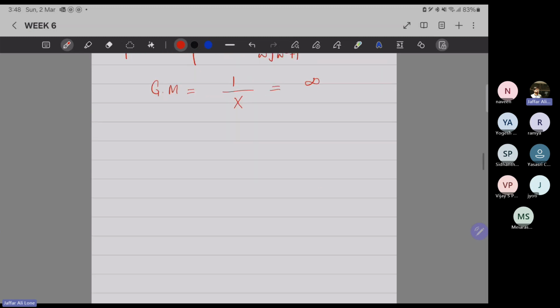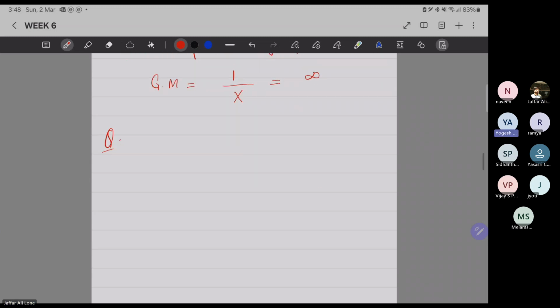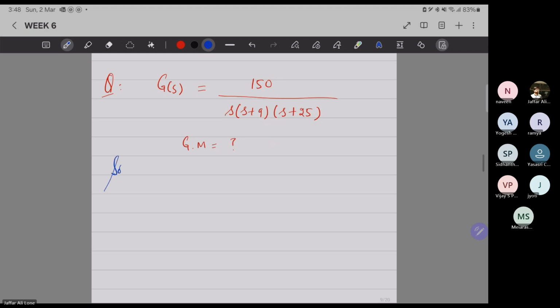I hope this is clear. So if this is clear, please solve this question. The open loop transfer function of a unity feedback control system is given by G of S is equal to 150 divided by S into S plus 9 into S plus 25. Find the gain margin. Please try to solve, everyone.